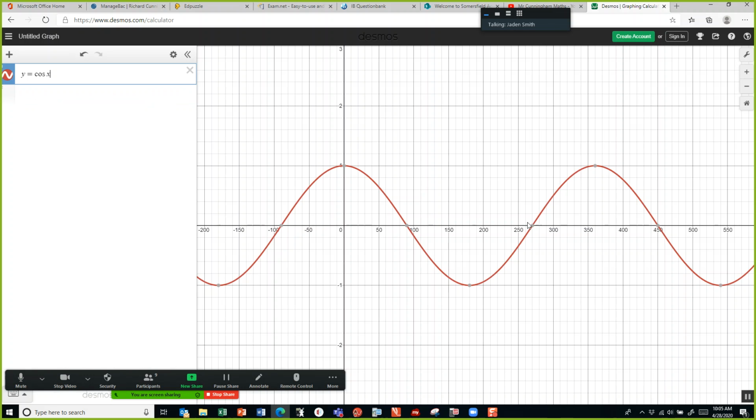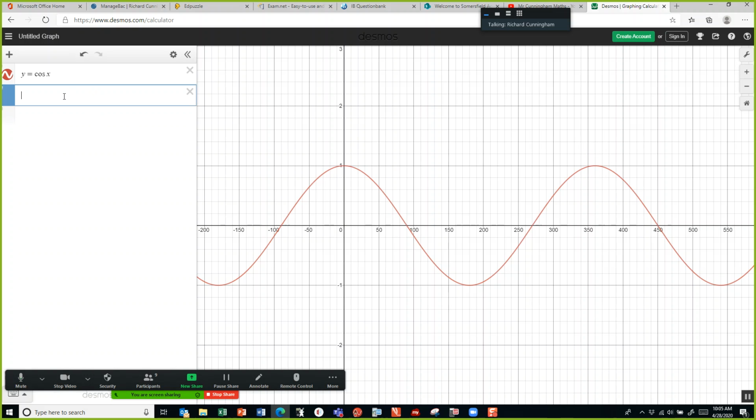If you were looking at it from 270, then you'd have to start looking at it from -90. So it starts from 0, and then it gets back to this point at 360.